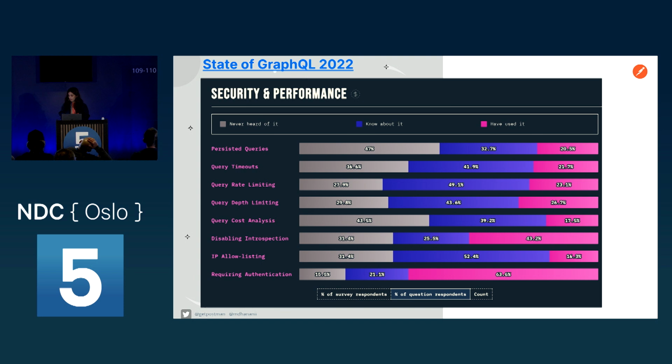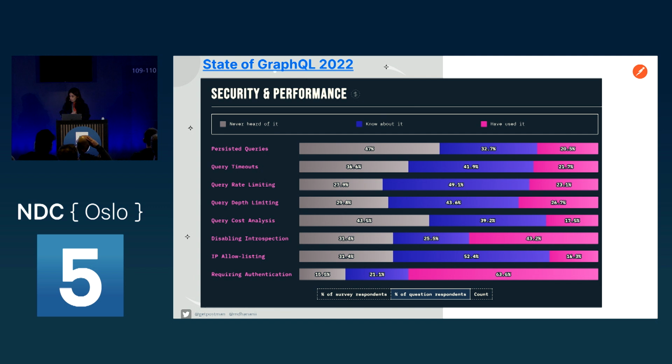For persisted queries, about 20.5% of the respondents are actually using them. Disabling introspection is a quicker thing to do, it's well known, and a big percentage of people are actually using it.